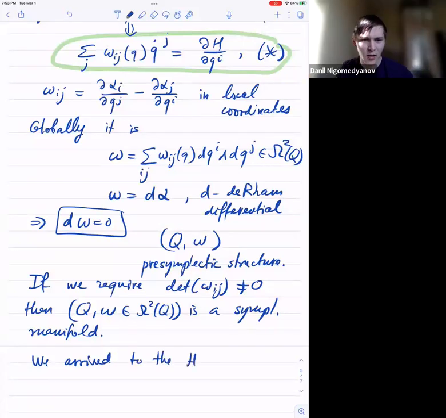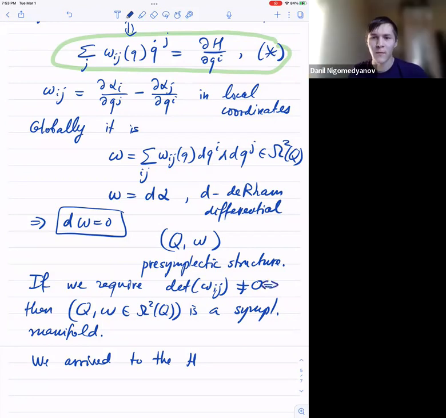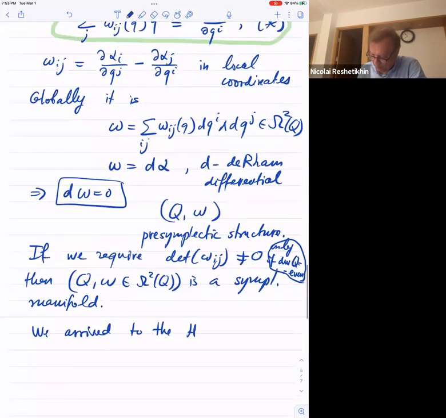But this requires our initial manifold to be of even dimension. Yes, of course. This is possible only if the dimension of Q is even. Otherwise, it's simply not possible. So if we require that it's non-degenerate, it's automatically even dimensional, and we arrive at Hamiltonian mechanics.